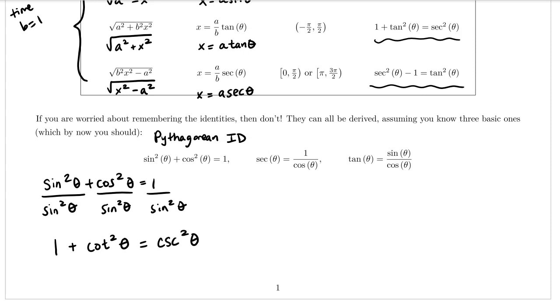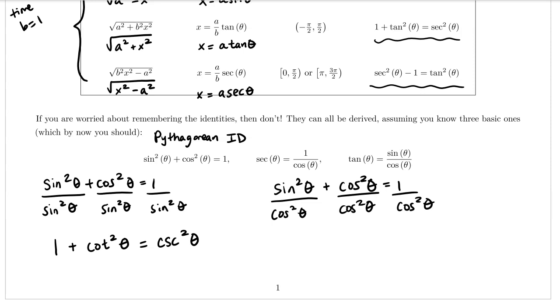cosecant squared theta. And then the other way we could get our third Pythagorean identity is if we take our main Pythagorean identity and divide every term by cosine squared. So sine squared over cosine squared, that gives us tangent squared theta. Cosine squared divided by cosine squared is 1.